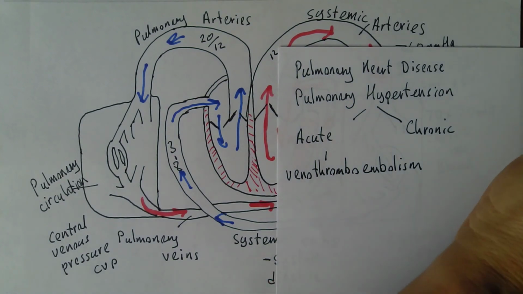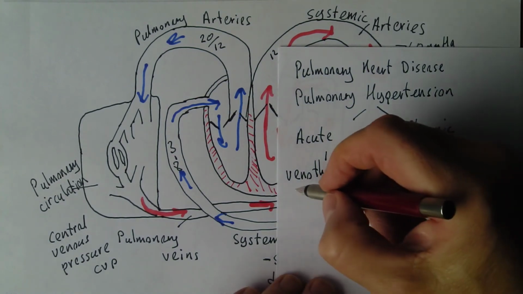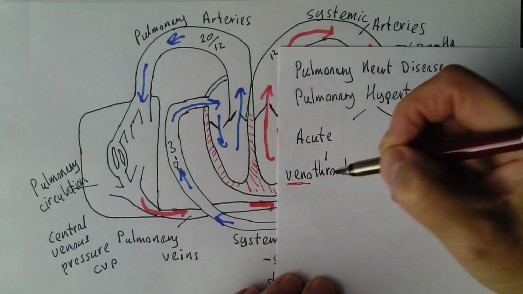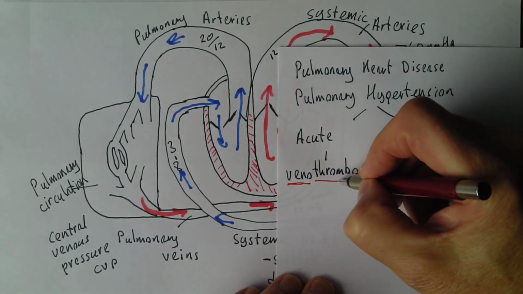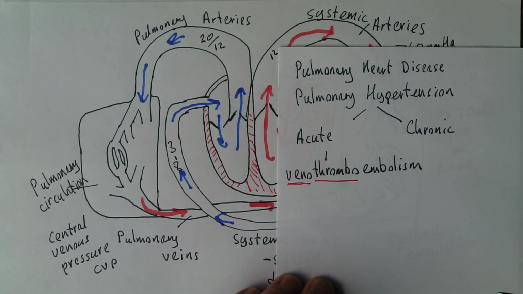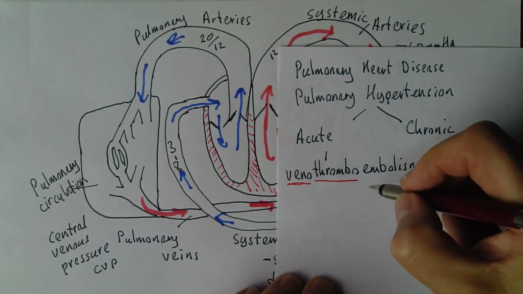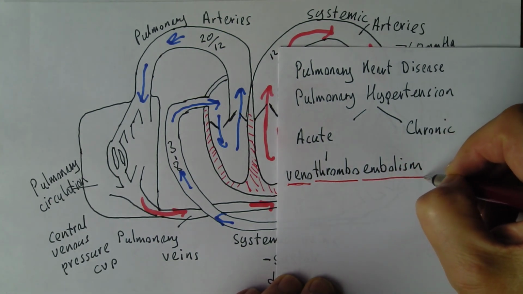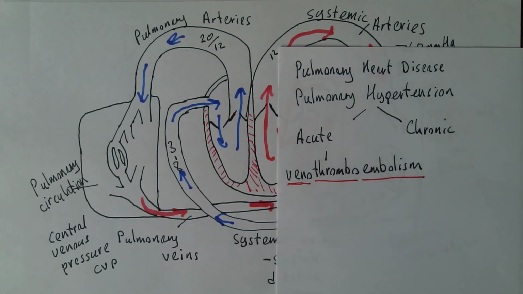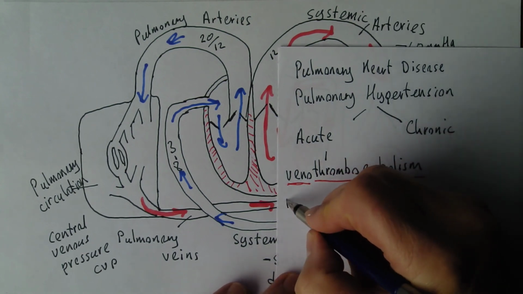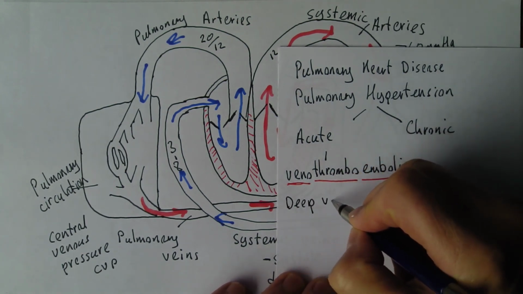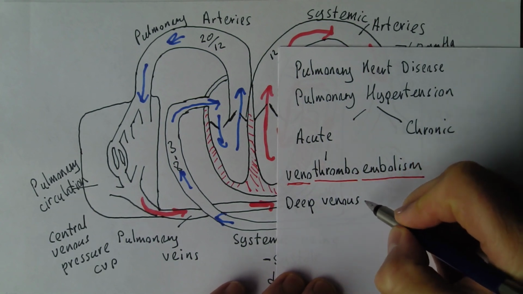So if we look at the word, veno to do with the veins, thrombo, a thrombus is a blood clot where there should not be one, and an embolism is when that blood clot moves in the venous system. So very often venothromboembolism can be caused by a deep venous thrombosis.